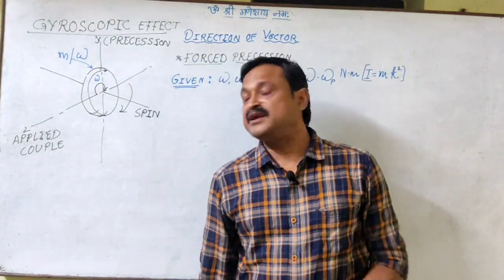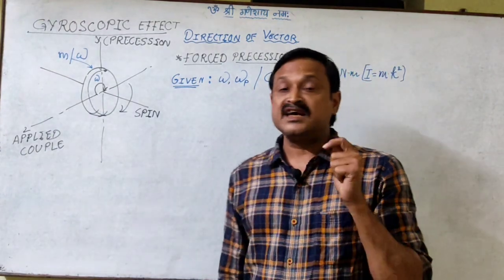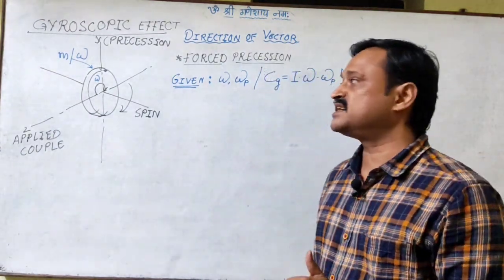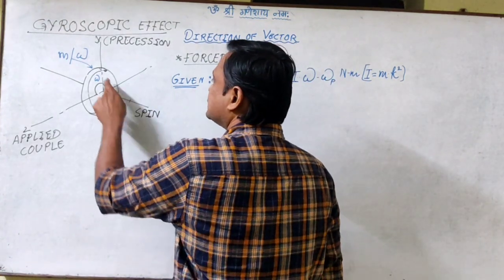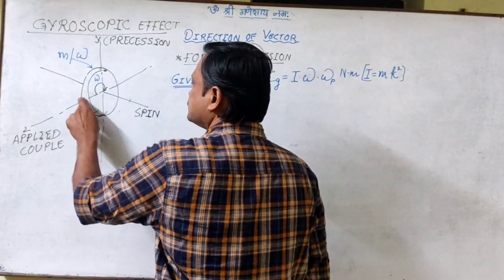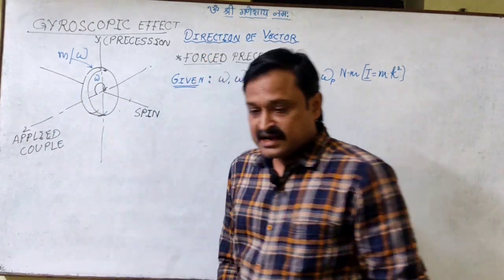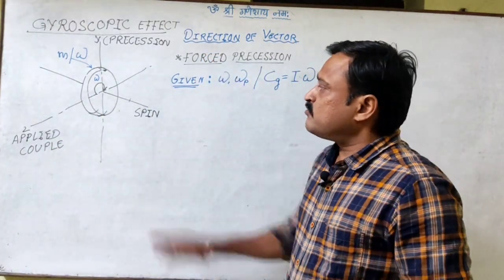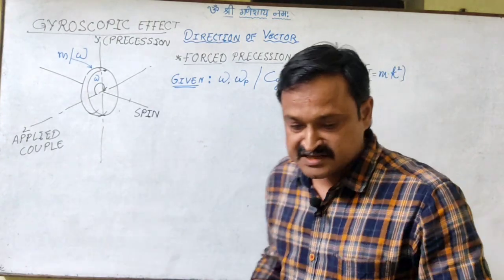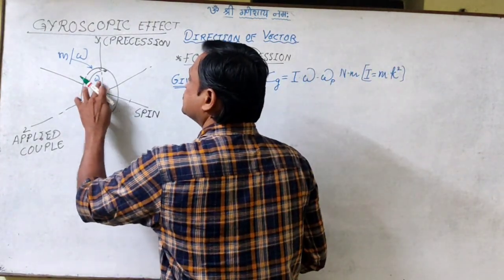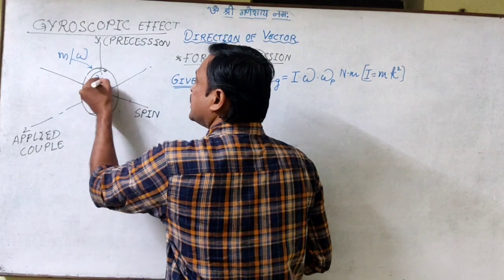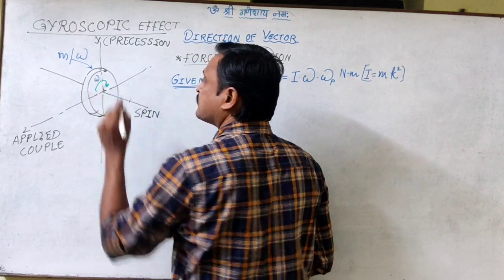Now what I am fighting for is to determine its direction, how this couple is getting applied, whether it is clockwise or counterclockwise. So let us take the same example here, right? From the given condition, the disc is rotating clockwise.